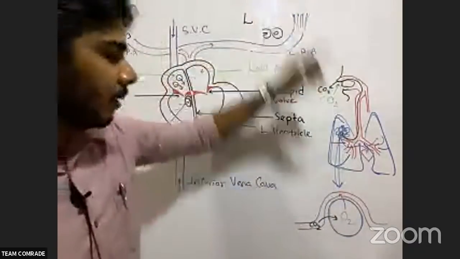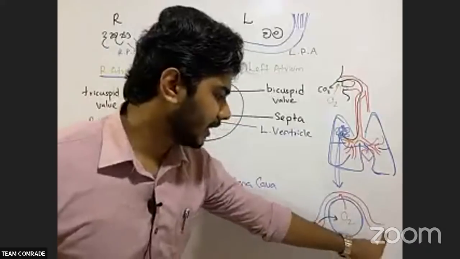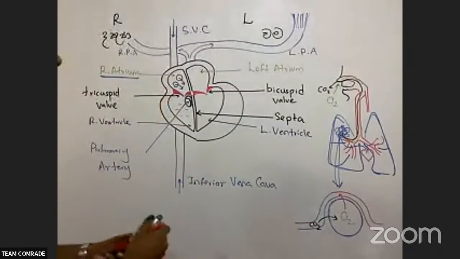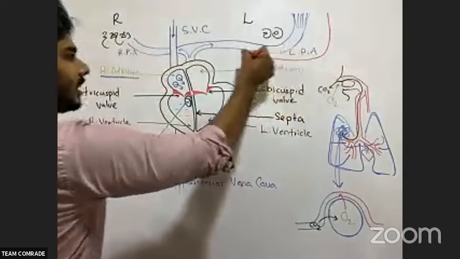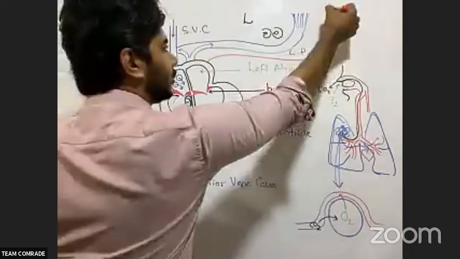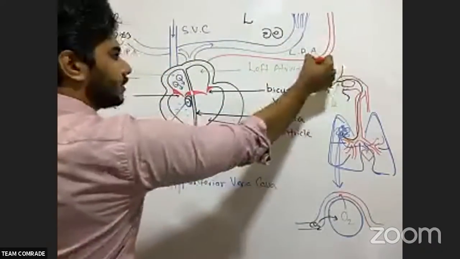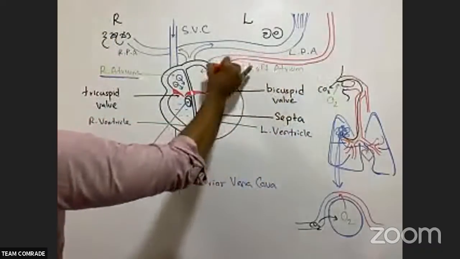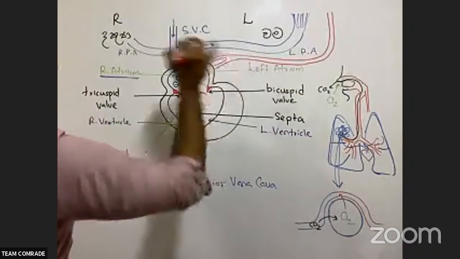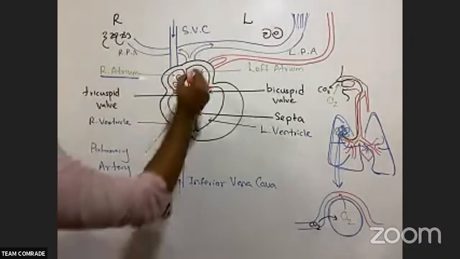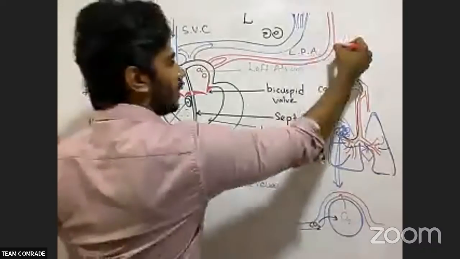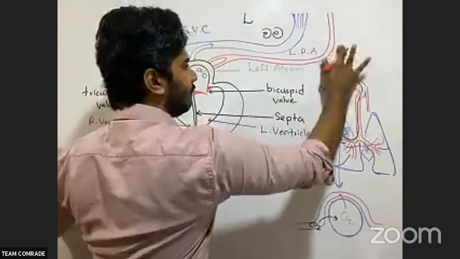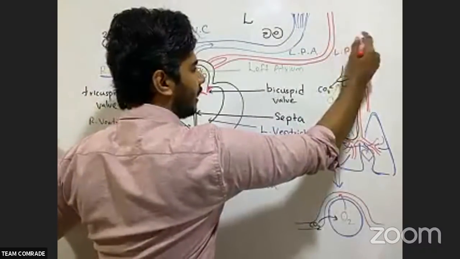So after becoming oxygenated, the red color is coming, the oxygenated blood is coming from here. To which side? To the left side it comes, like this. They open at these two places. Now this is the left pulmonary.